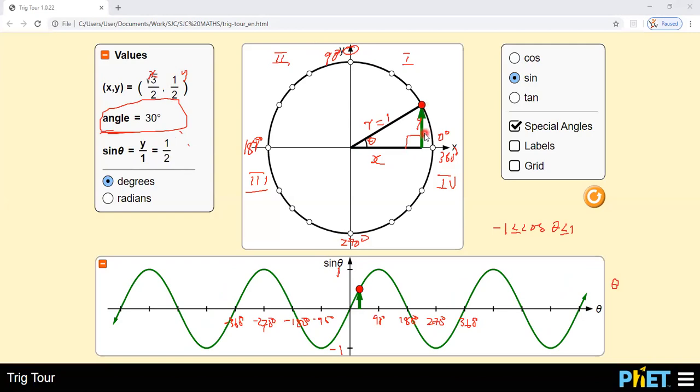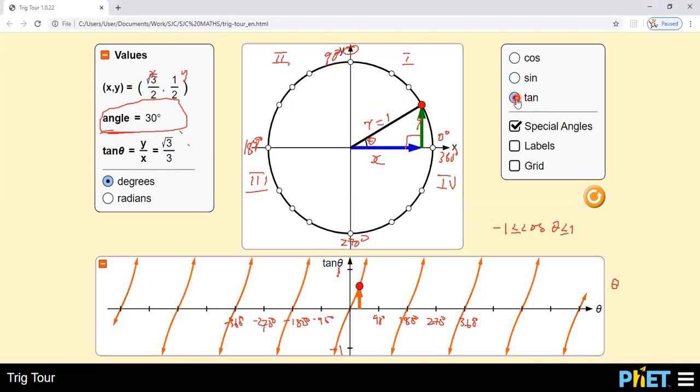Opposite is 1 over 2, which is the value of y, meaning the distance from this to that is half, and hypotenuse is 1, and half divided by 1 is just half, okay? So that's another thing.